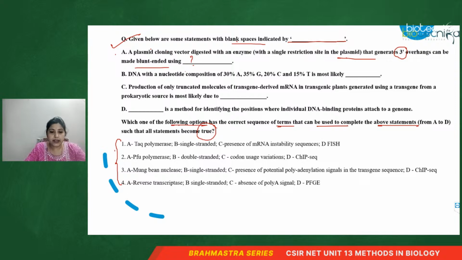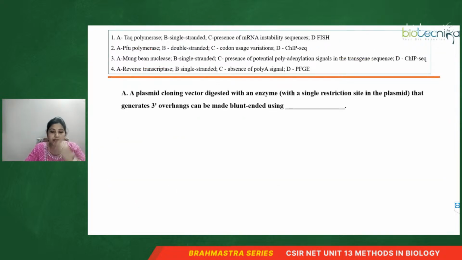So the very first statement, let's go through each statement one by one. Statement A is a plasmid cloning vector digested with an enzyme with a single restriction site in the plasmid that generates 3' overhangs. 3' overhangs can be made blunt-ended using which enzyme? In the options it has been given Taq polymerase, Pfu polymerase, mung bean nuclease, and reverse transcriptase.